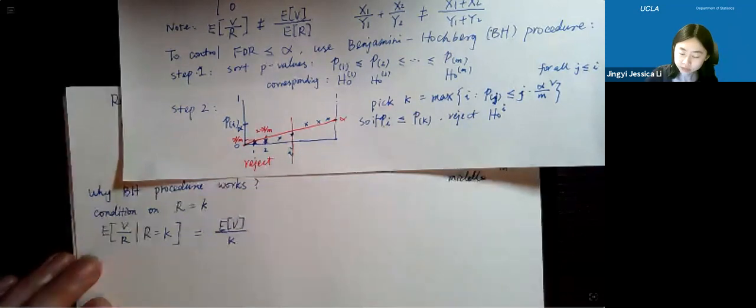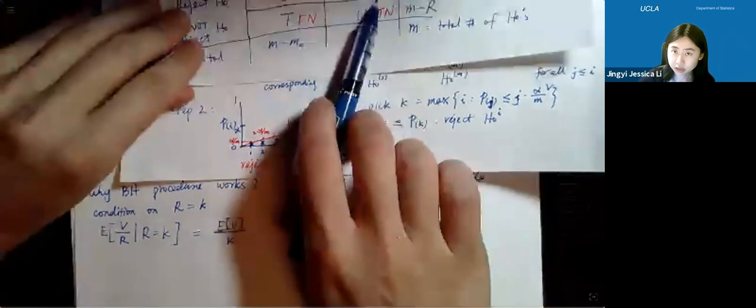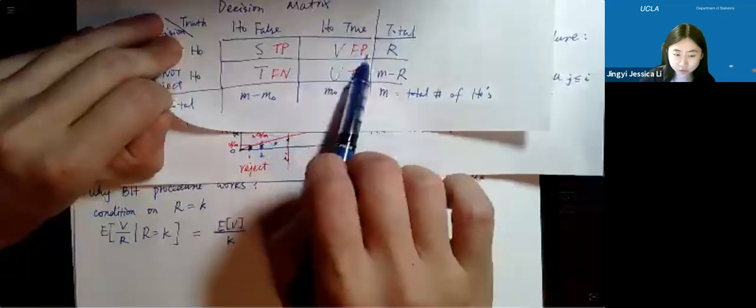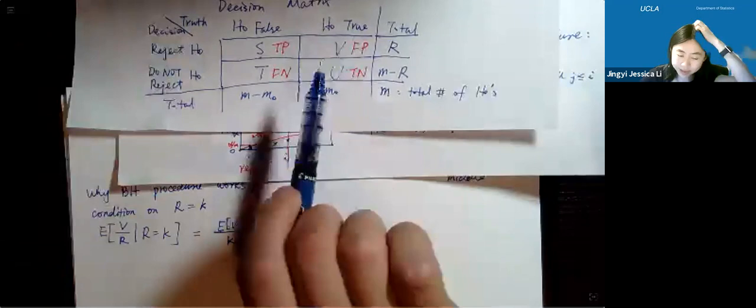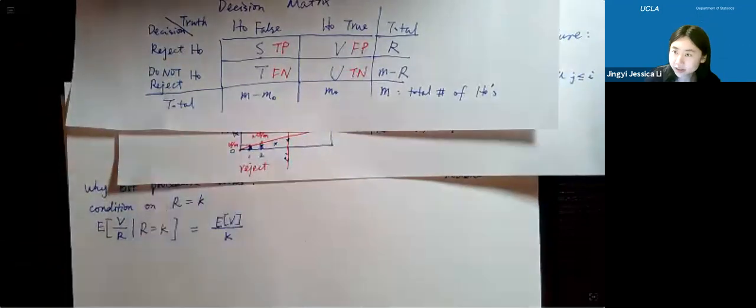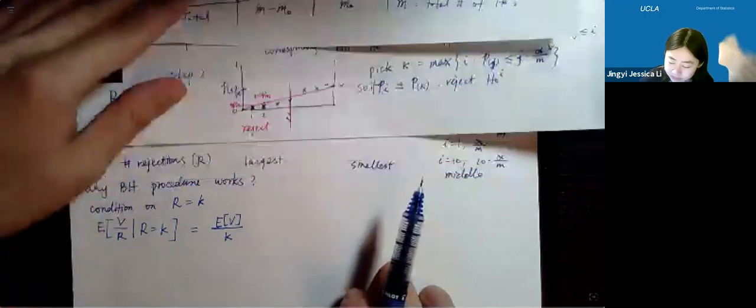And what is the expectation of V, the false positives? It will depend on our significance level and also our number of tests, m.